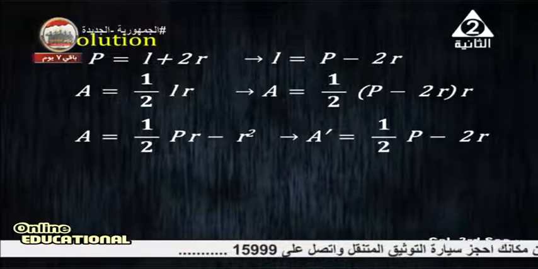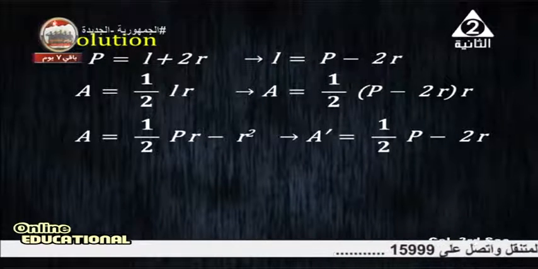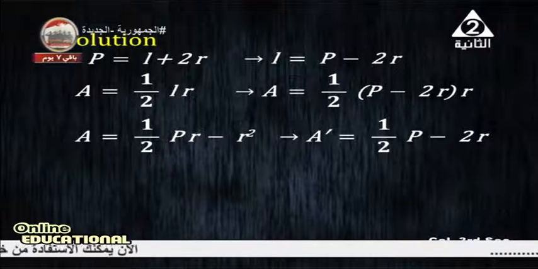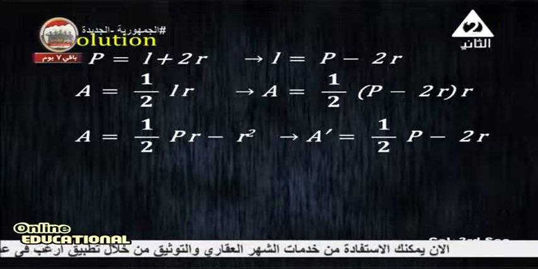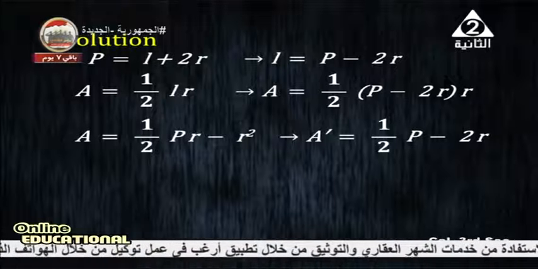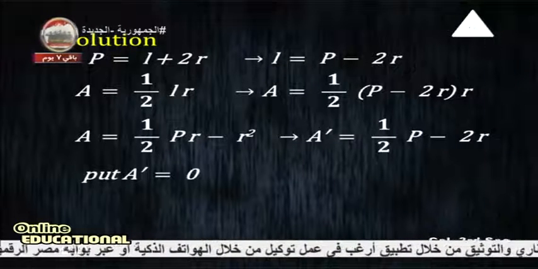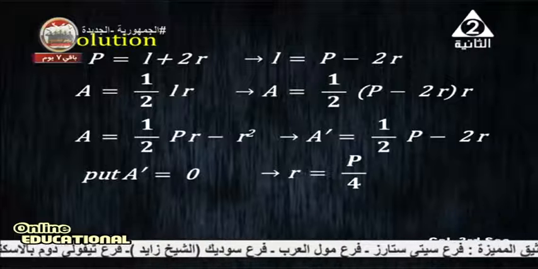The derivative of half PR is half P, and the derivative of R to the power 2 is negative 2R. Put a dash equals 0, then the radius equals P over 4. Now we can use the second derivative test.